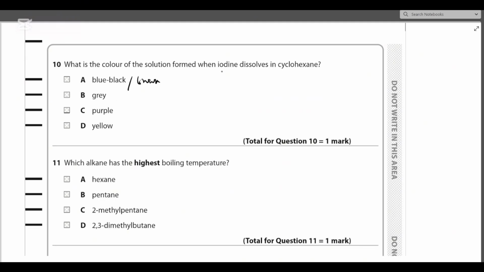But since it is not mentioned that the iodine is concentrated, the only answer is purple. Gray is only said when the iodine is in solid form, but that is not the standard state of iodine. Yellow is not the correct answer because iodine never shows a yellow color. So the only option is C right here.